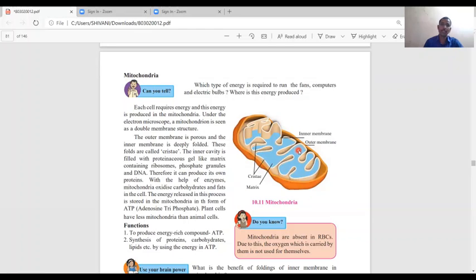With the help of enzymes, mitochondria oxidize carbohydrates and fats in the cell. The energy released in this process is stored in the mitochondria in the form of ATP, adenosine triphosphate.